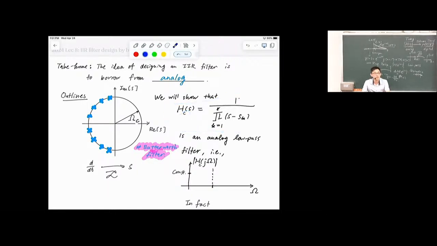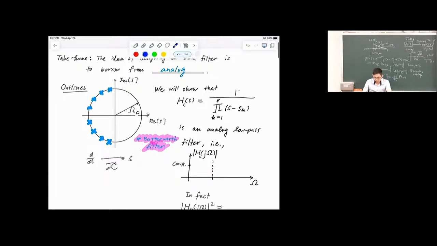This is a continuous-time system characterized by its system function in s. Now this system function can be factorized. We assume that it can be factorized into the product of terms like s minus sk, where the sk are the locations of the poles. This is a classic example.